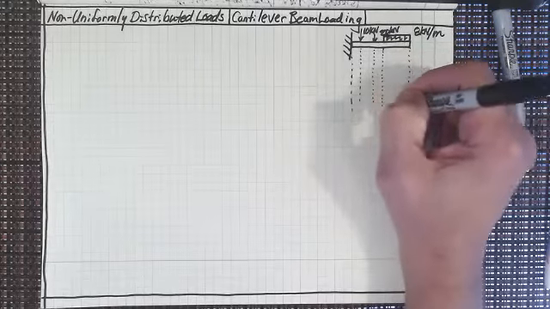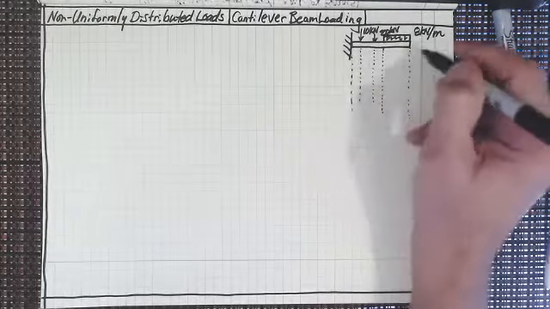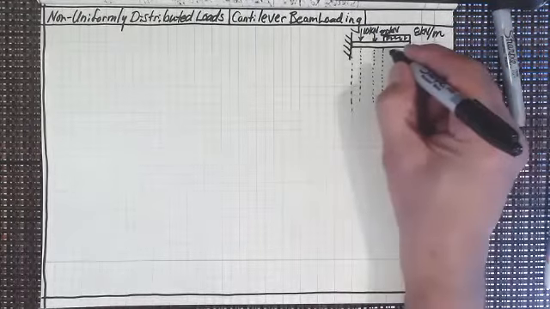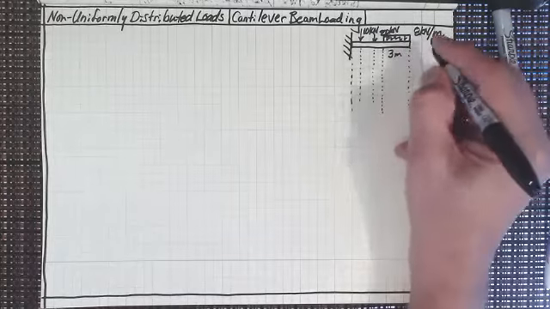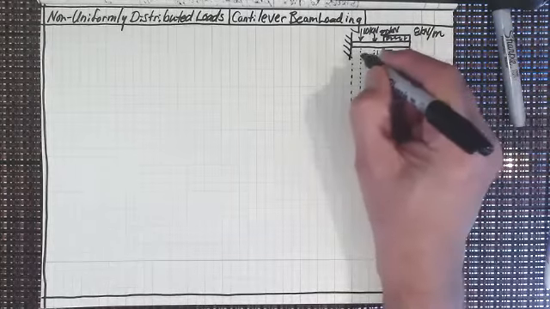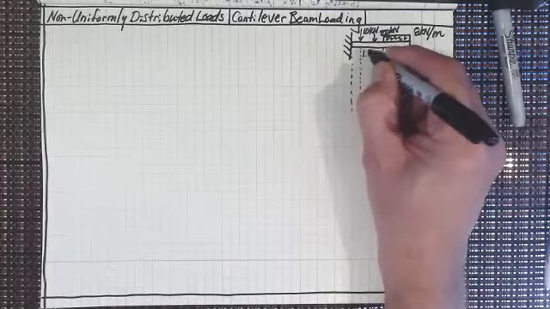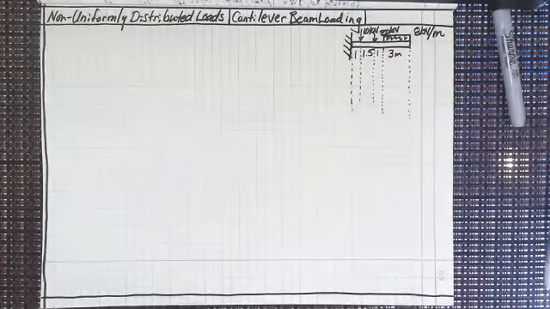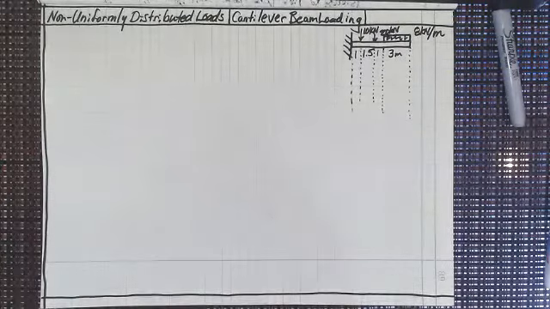We don't really have to look at things within the distribution, but we want to look at the beginning and the end of the distribution. And so this right here is going to be 3 meters. This is 1 meter. This is 1.5 meters. And this is 1 meter. Does everybody see how that works out?